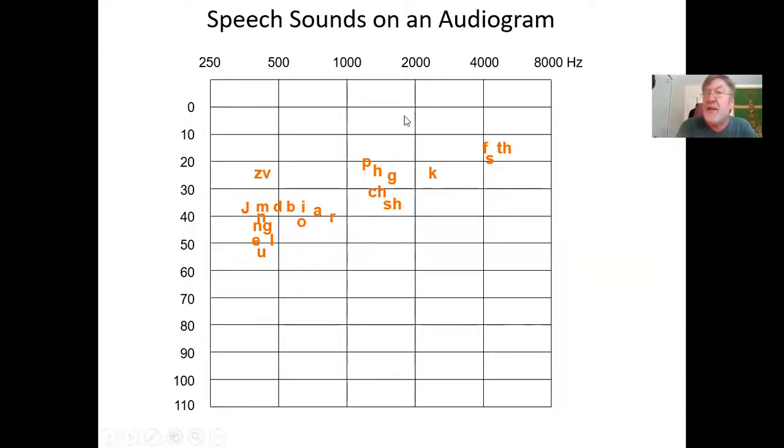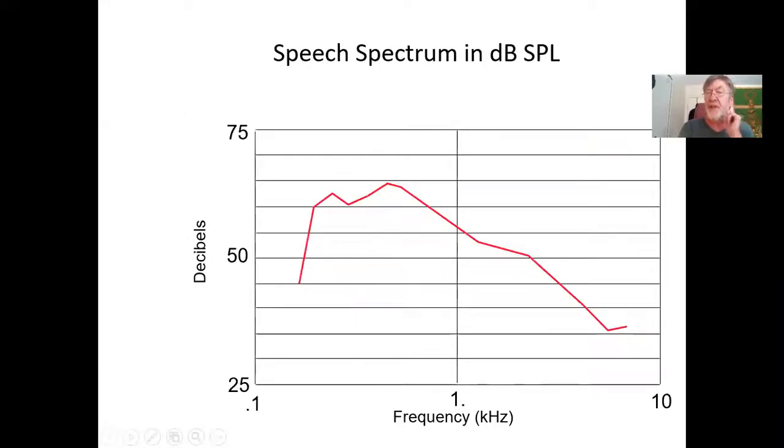That's 0 dB HL. So on an audiogram, of course, when the decibels increase going down, then you'll see the loudest parts of speech, being the vowels and all the voiced sounds, over here in the lows, and the sounds softer in the highs. Okay, same thing as is shown here in dB SPL.